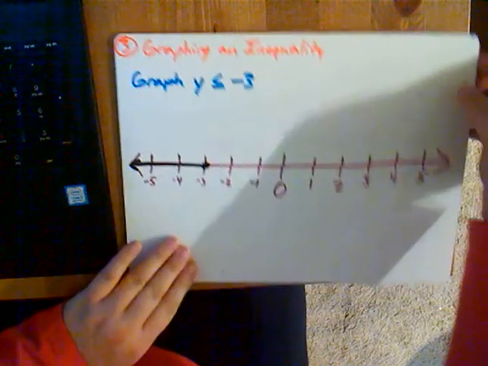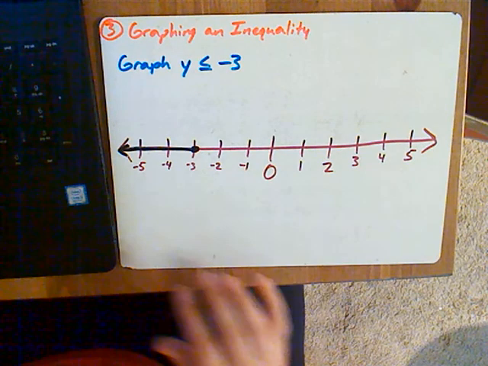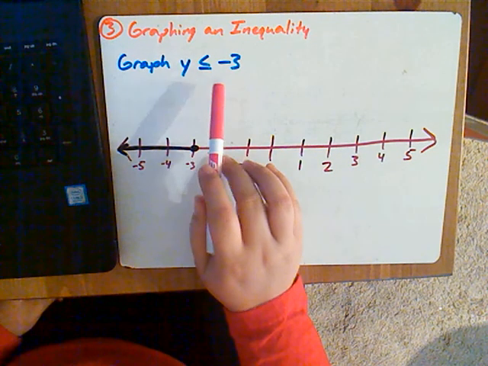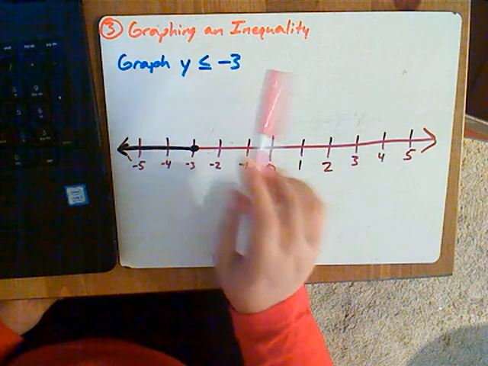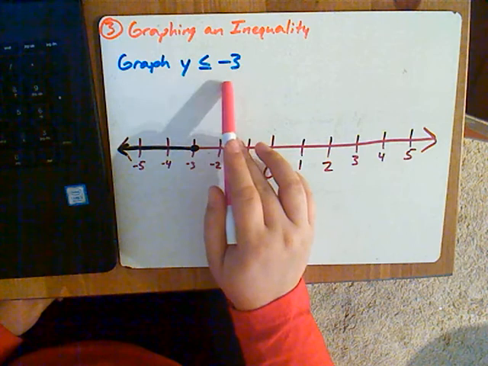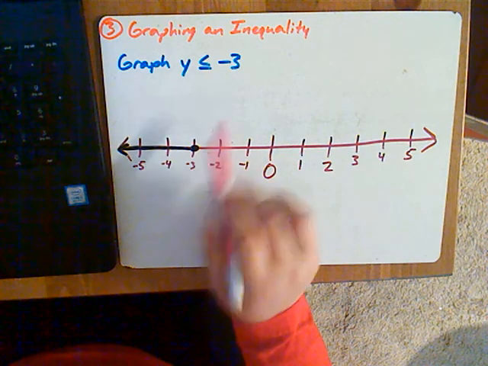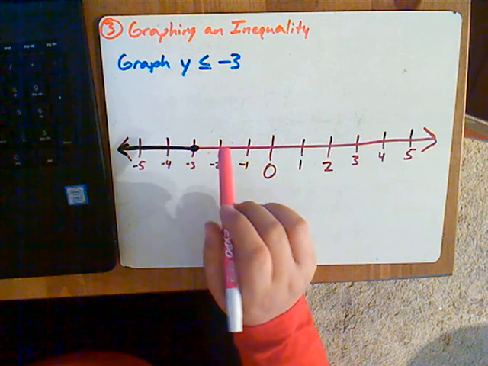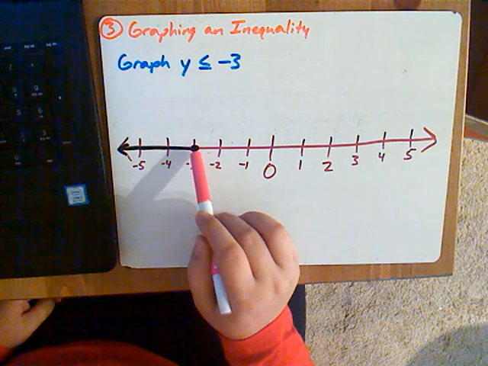And so we have here graphing an inequality, and they want us to graph y is less than or equal to negative 3. So y being less than or equal to negative 3, and we know that negative 3 would be a solution to this inequality. And so we do a closed circle at negative 3.